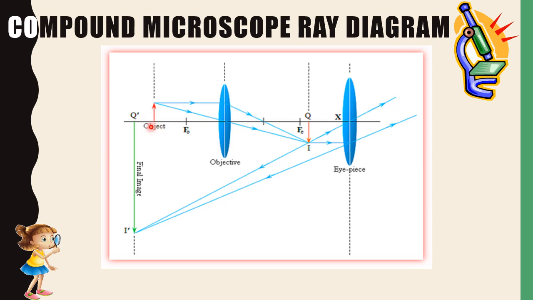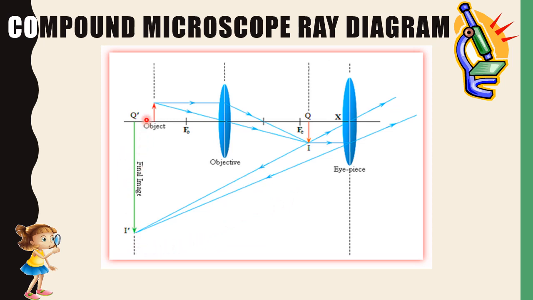See the laser. This was the object. It is magnified by an objective, further magnified by the eyepiece, and at last we get an enlarged image over here.